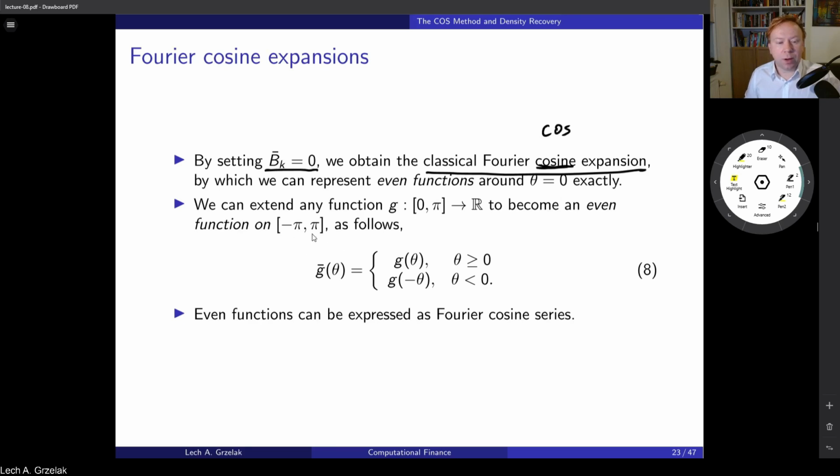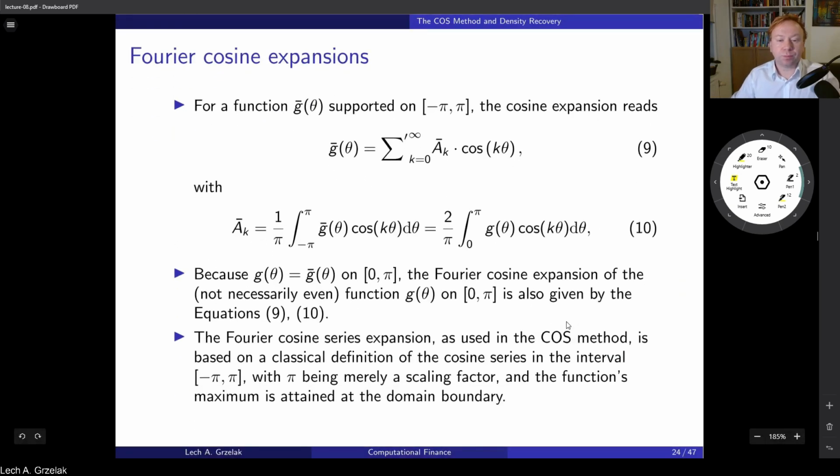Now we have a simple trick to make sure that we always have even functions, if you have a function on support 0 to pi. This is simply by switching the arguments depending on where the arguments are. Even functions can be expressed as a Fourier cosine series. So this is our starting point for deriving the COS method.